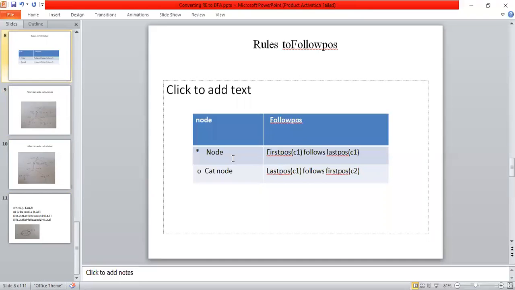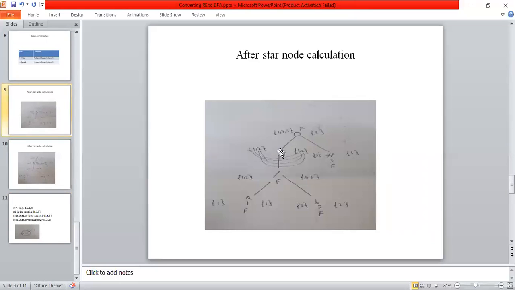First position of C1 follows last position of C1. Observe here carefully. This is my star node. This is its first position, this is its last position. So first position of C1 follows last position of C1, meaning 1 follows 1 and 1 follows 2. Similarly, 2 follows 1, 2 follows 2. So these two values follow these two values according to the star node.